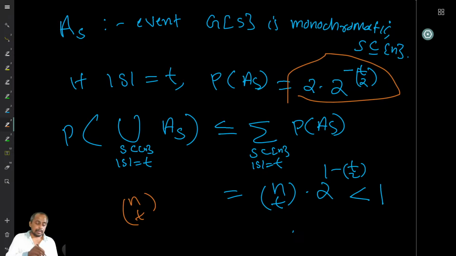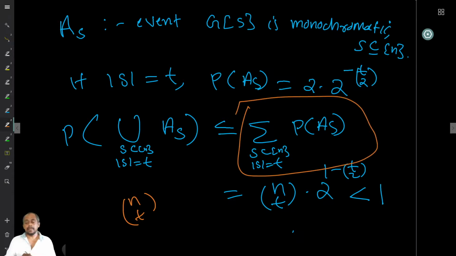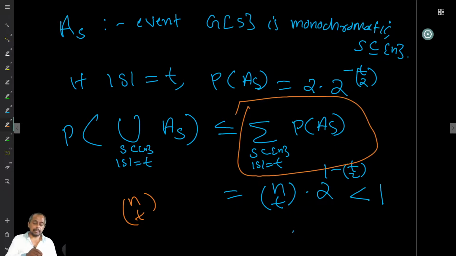So, what is the probability that at least one of these t element subsets is monochromatic? That can be upper bounded by the union bound as the sum over all the events of the probabilities of the events. The sum gives n choose t, because there are that many subsets, times this probability for each subset. So this is an upper bound.